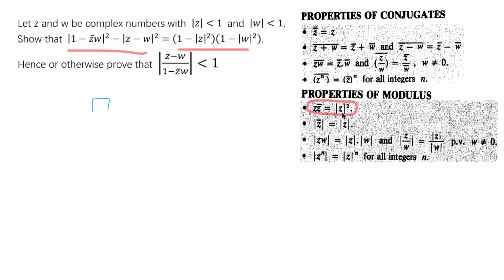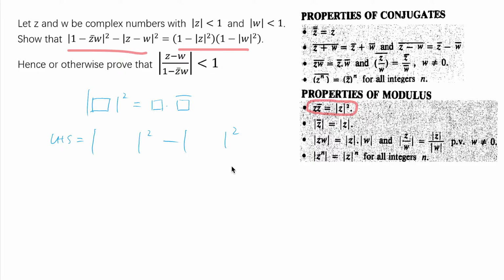And just notice, even if you have a big box modulus squared, it is going to equal the box multiplied by the box conjugate. So for the first part, we're going to start with the left hand side first. That's easier. So our left hand side equals the modulus squared minus another modulus squared.